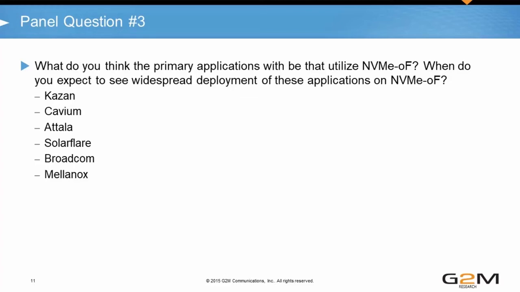Thanks, Brian. Praveen? Sure. So I think at a very high level, let's all agree that NVMe over Fabrics is the next generation enterprise storage fabric. Today's enterprise applications that could benefit from lower end-to-end latency, including databases, data warehousing, and data mining, are obvious candidates.